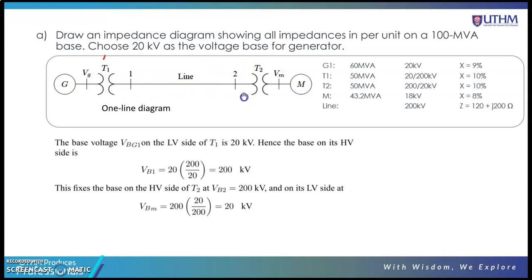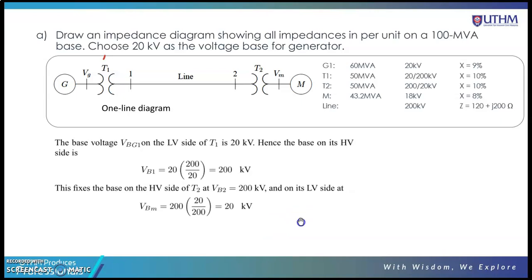From the one line diagram, we can see that the base voltage of T1 at the secondary side equals the base voltage of the primary side of T2, so equal to 200 kilovolt, and the low voltage side is 20 kilovolt. You can determine this according to the transformer ratio, V2 over V1.